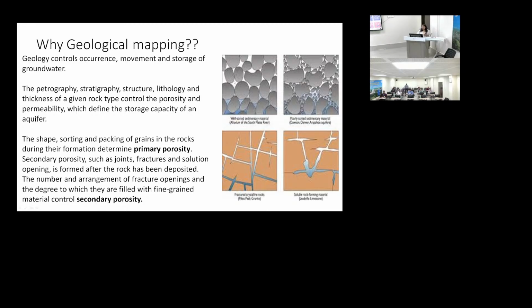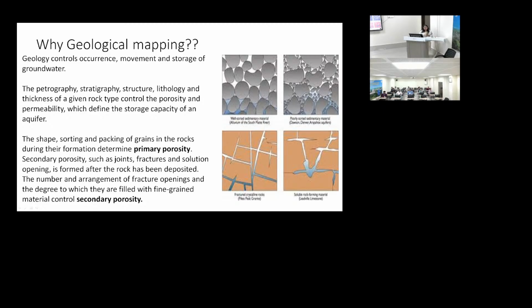If you see this, there are gaps in between these grain particles. These are called porosity. When these porous features are interconnected with each other, it gives permeability to the aquifer formation. In the second picture, the interspaces are filled with further smaller grains, which diminishes the porous percentage of that rock formation. So this is the primary porosity.